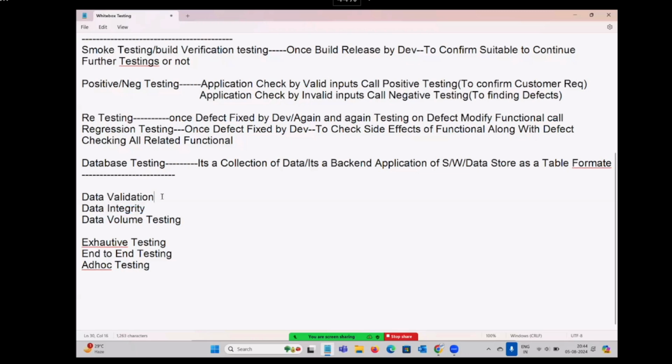So let me write: correctness of inserting new data.